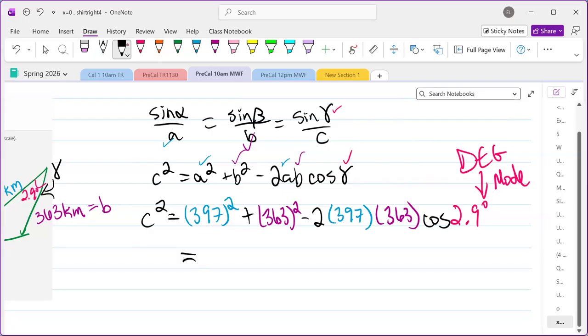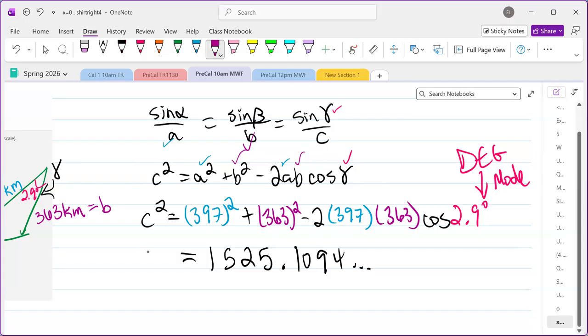All right, now over to the trusty calculator, 397 squared plus 363 squared minus 2 times 397 times 363 times the cosine of 2.9. I get 1,525.1094, blah, blah, blah. All right, what are we forgetting?